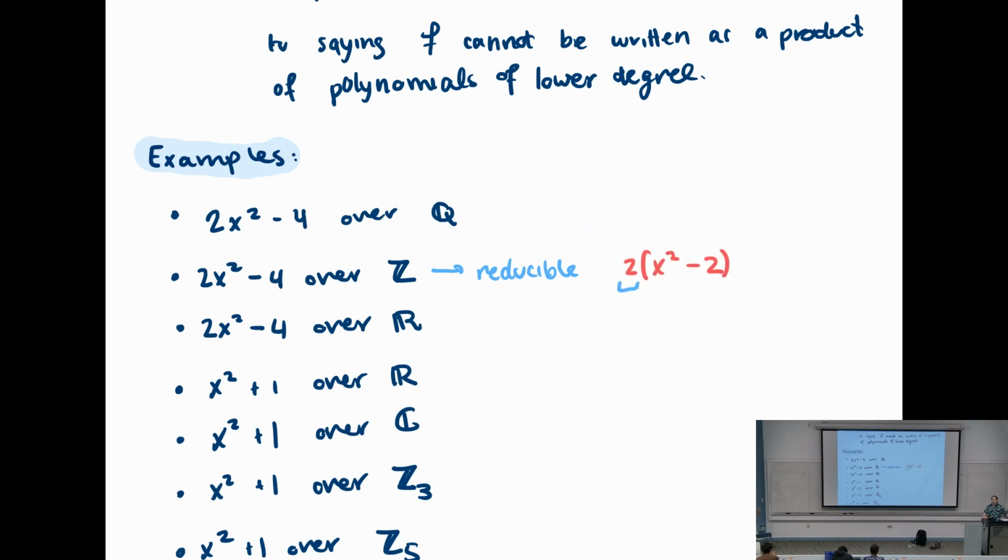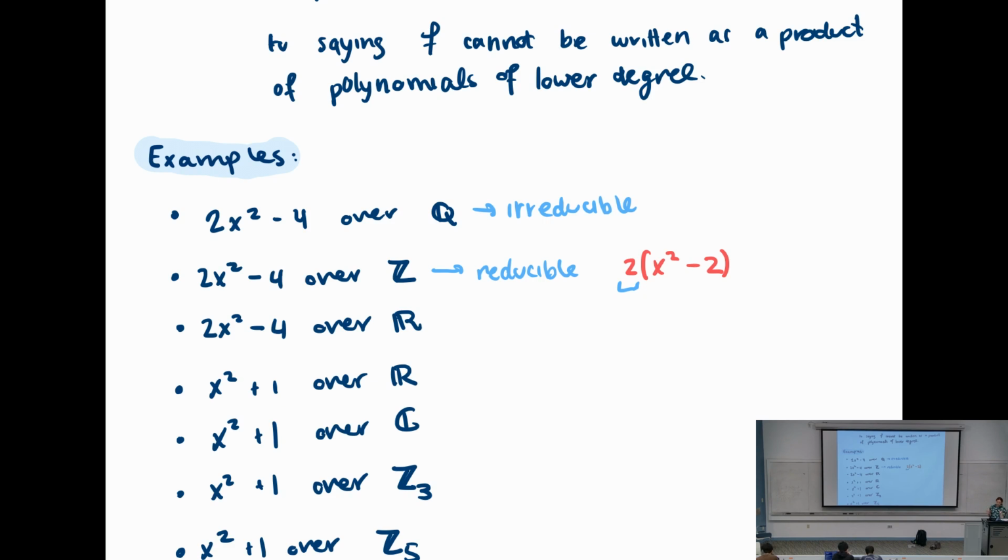Okay, so what about over Q? Yeah, so it's irreducible. And why is that? Since the coefficients are over a field, we would need to factor it into a product of polynomials of smaller degree.